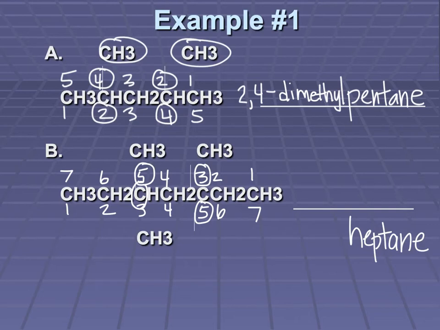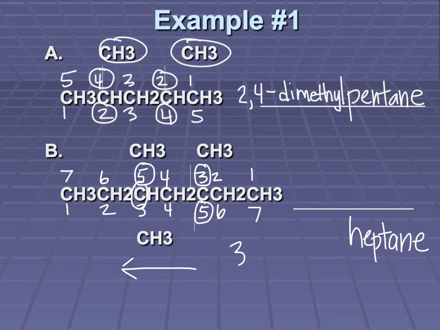Okay, so we want the lowest possible numbers for all of the branches. So it would be more correct to count it in this direction here. That way 2 of the branches are coming off of 3 rather than 2 of the branches coming off of 5.